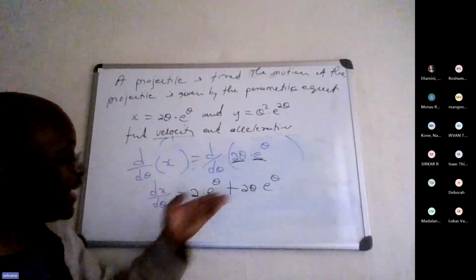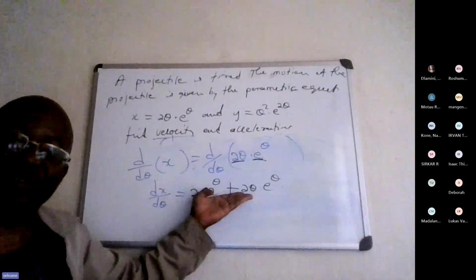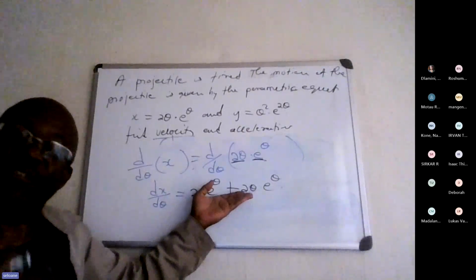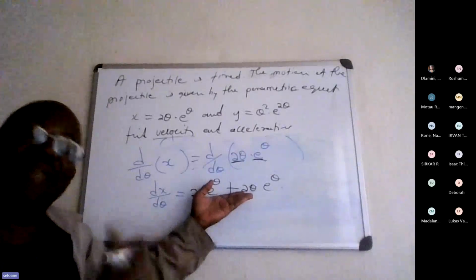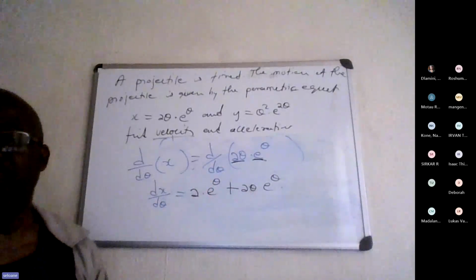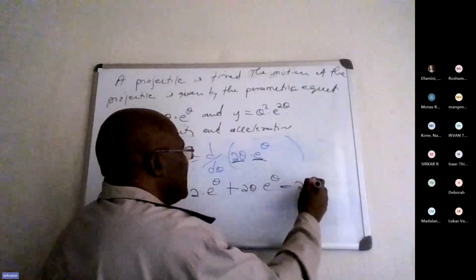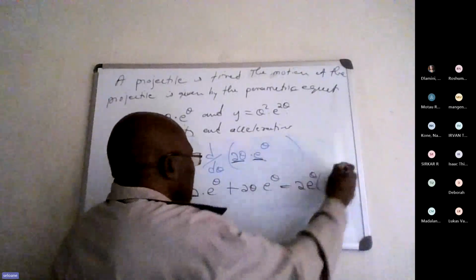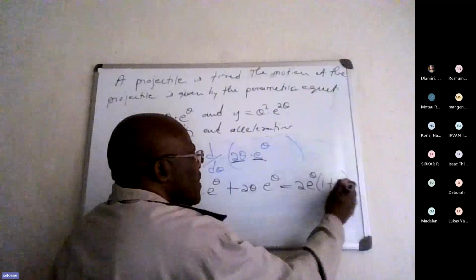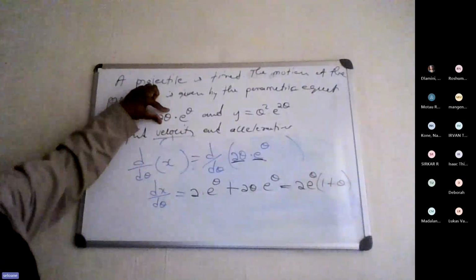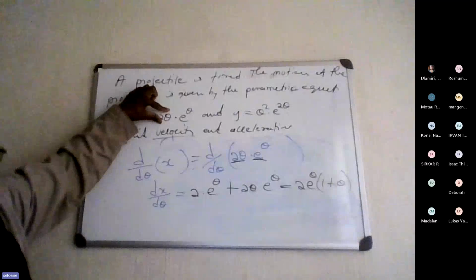Although I haven't taken out the common factor, consider that this is a common factor, so that should you need it in the next step, you can quickly pull it out. It will be this common factor, then 1 plus theta. Now, that is what we can derive from the first equation.